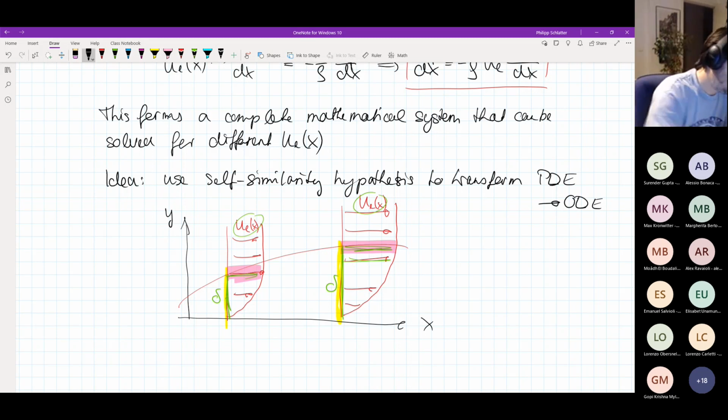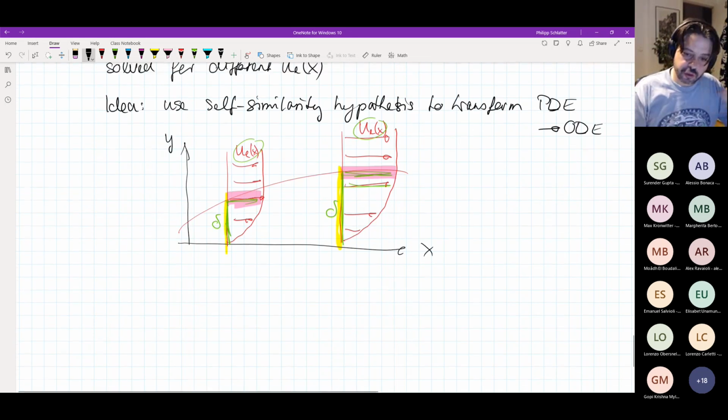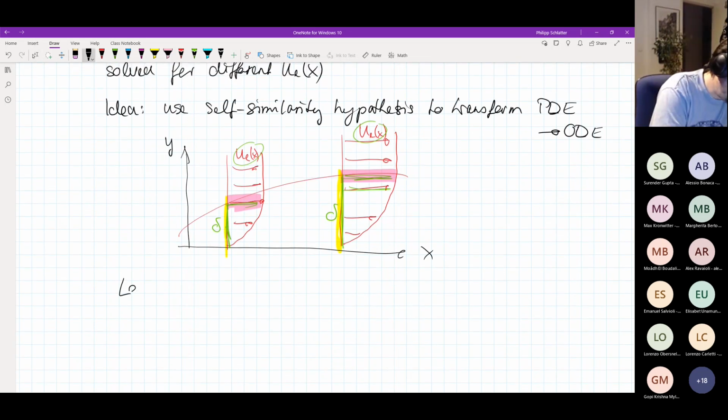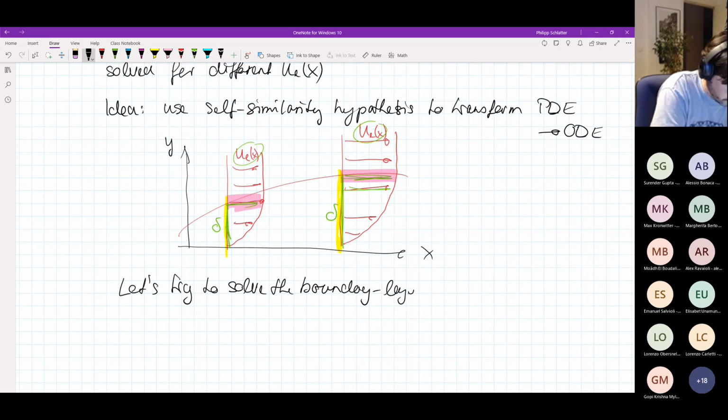So now we're going to use this concept and try to solve the boundary layer equations using exactly this approach.